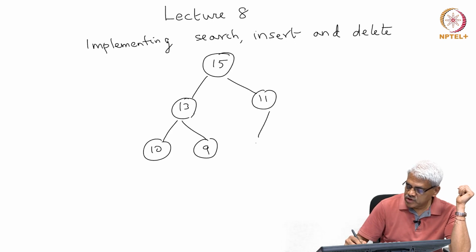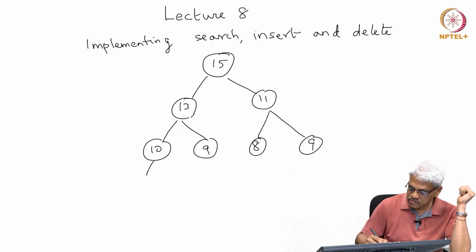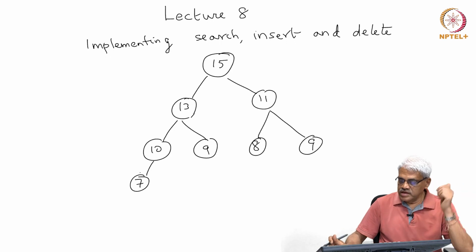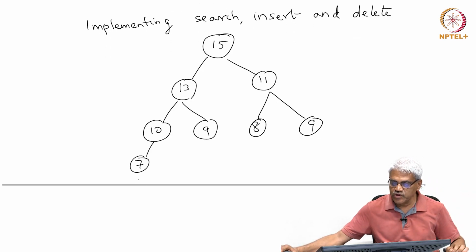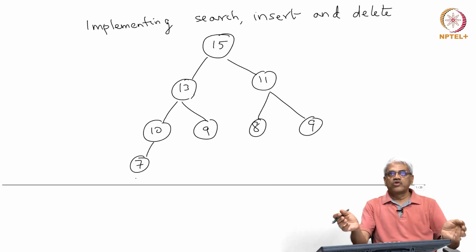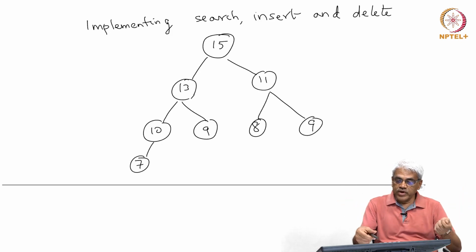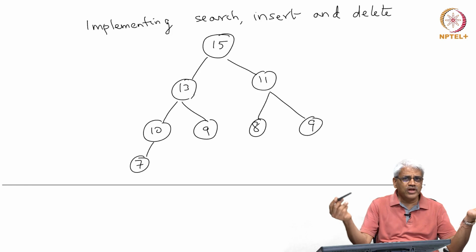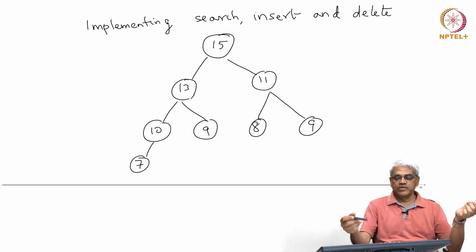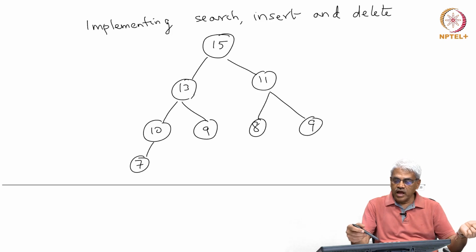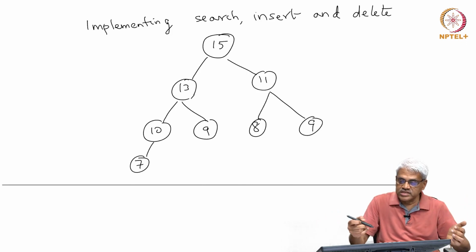A heap doesn't help in search, because if I want to search for some element and know whether it is in my set, I compare with the root, because we always access the heap through the root. If it's bigger than the root, I know it's not there because the root is the maximum element. If it's smaller than the root, then I don't know where it can be. It could be in the left subtree, it could be in the right subtree, and so you literally have to search all nodes, which results in linear time.